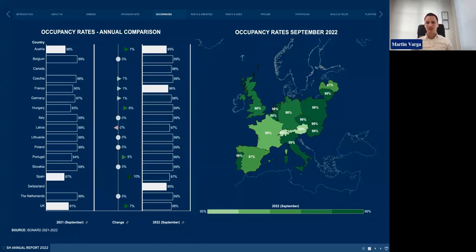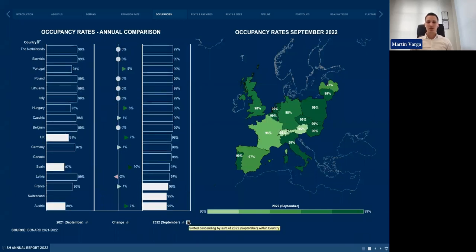While some countries faced lower figures in 2021, as you can see, Spain was at a level of 87%. 2022 brought them back to the market benchmark, and Spanish cities are now recording 97% occupancy in 2022. Overall, the occupancy rate in screened jurisdictions was at the level of 98%, and we've seen the lowest, 95%, in Austria and Switzerland.